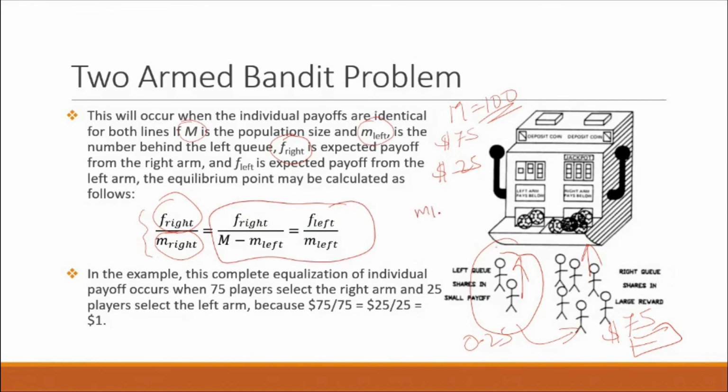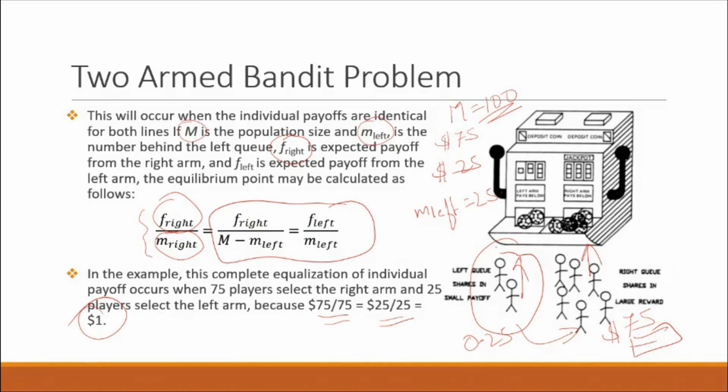When M left is equal to 25, we get 75 by 75 equal to 25 by 25, that is equal to $1. So this is the condition with the two-armed bandit problem, as we explained in this particular condition.